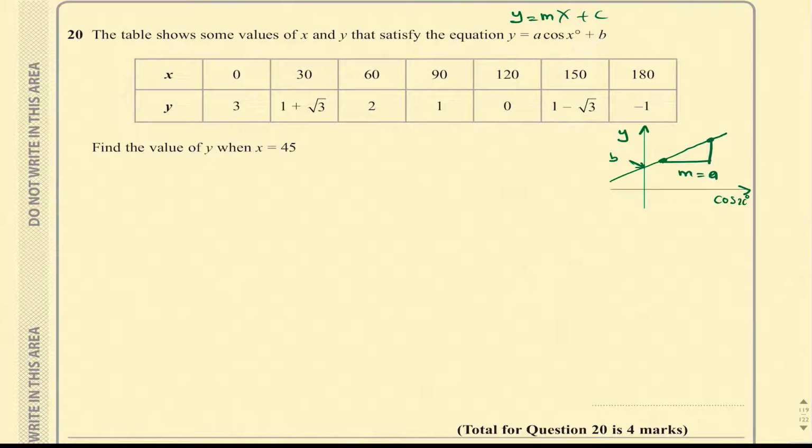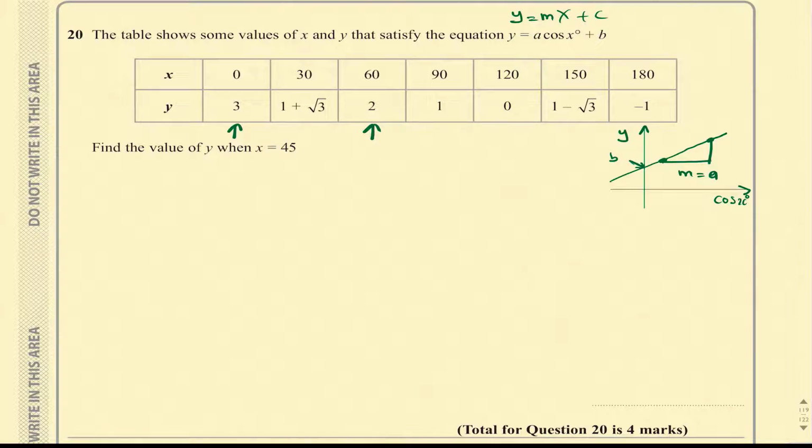But that means we have to plot this graph, so we need graph paper. Since we haven't got graph paper, what we need to do is solve this equation simultaneously. I'm going to pick 2 easy points from there and solve simultaneously. Right, let's start. So when y is 3, x is 0.